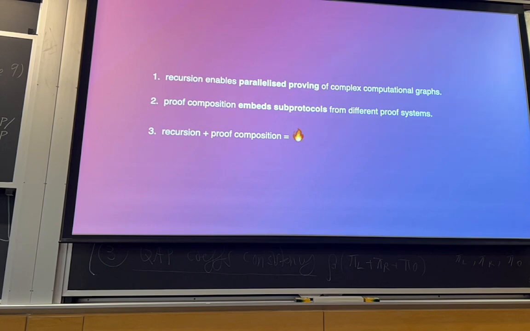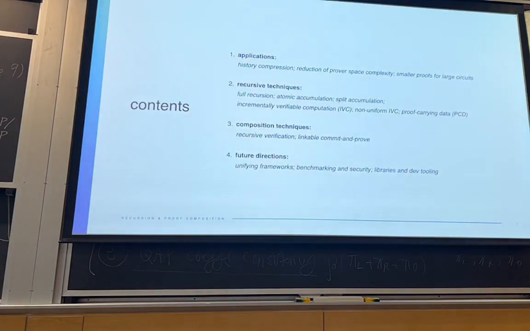Now, proof composition takes this one step further by allowing us to embed subprotocols from different proof systems. So for example, we could verify a PLONK proof in Groth16. That's proof composition. And my claim is that recursion plus proof composition equals fire.